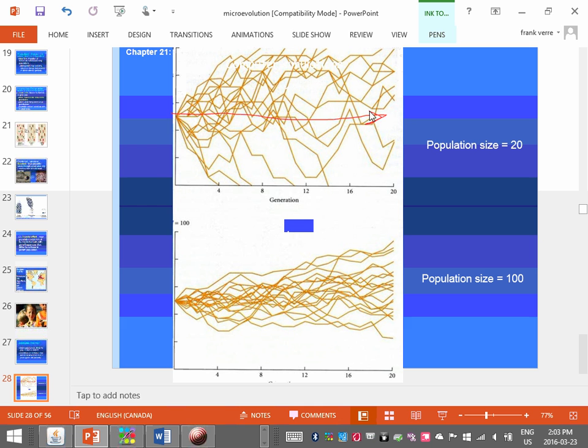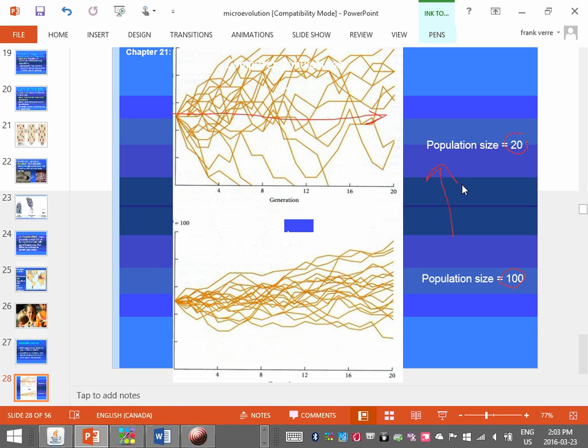What happens is they start to diverge. One starts to increase, and as one goes up, the other one must go down, because they have to add up to 1. But that's when the population is small. When the population is bigger, you see the same pattern, but it's just not as dramatic. So as populations get smaller, randomness will affect the allele frequencies more.